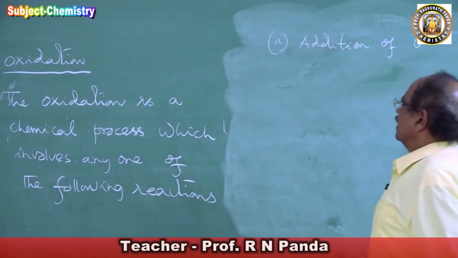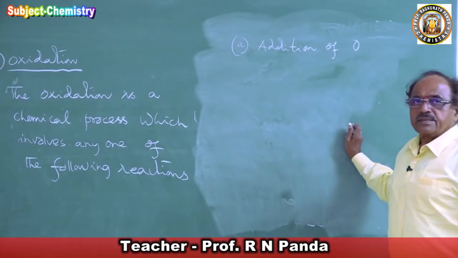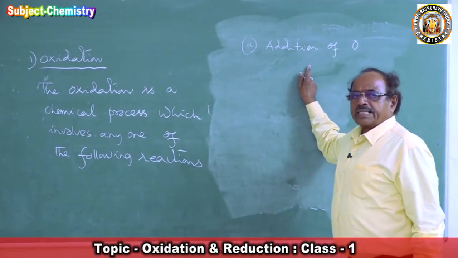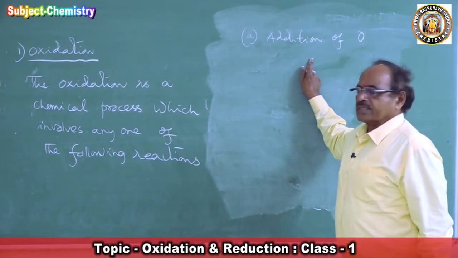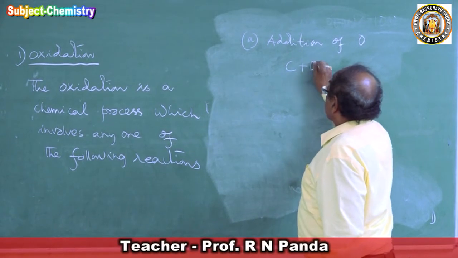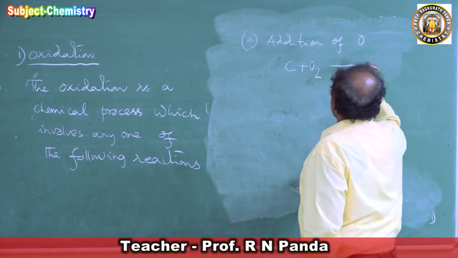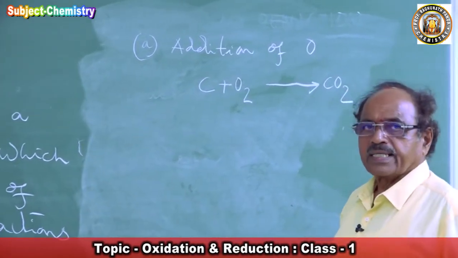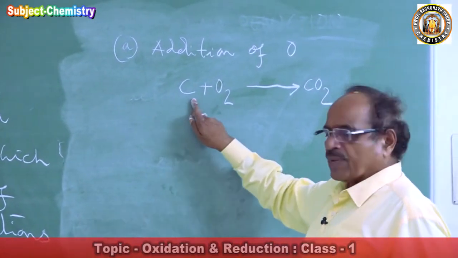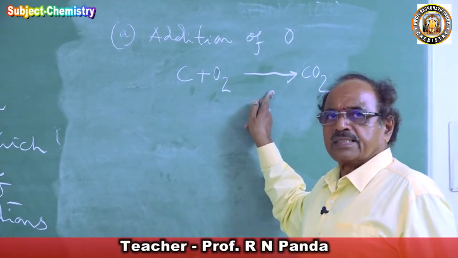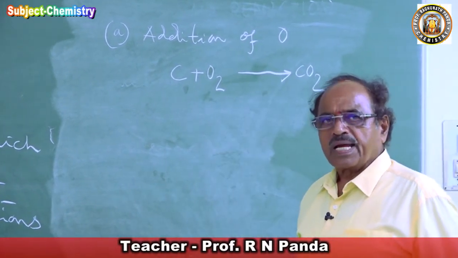Addition of oxygen. If in any reaction oxygen is added, we call it oxidized. For example, you have carbon and we add oxygen to that. This forms carbon dioxide. So we will say the carbon is oxidized to carbon dioxide. When carbon becomes carbon dioxide, what happens?